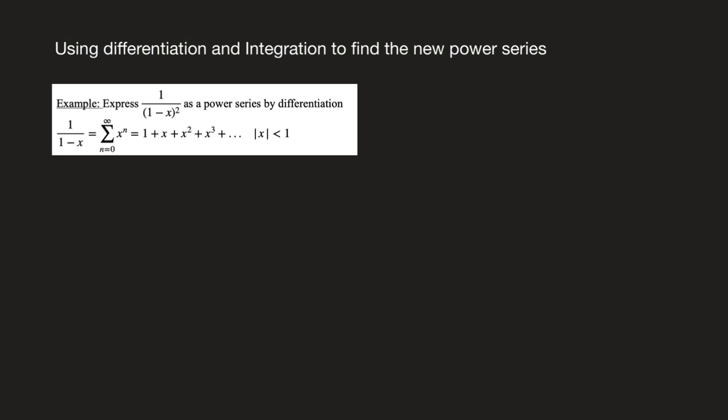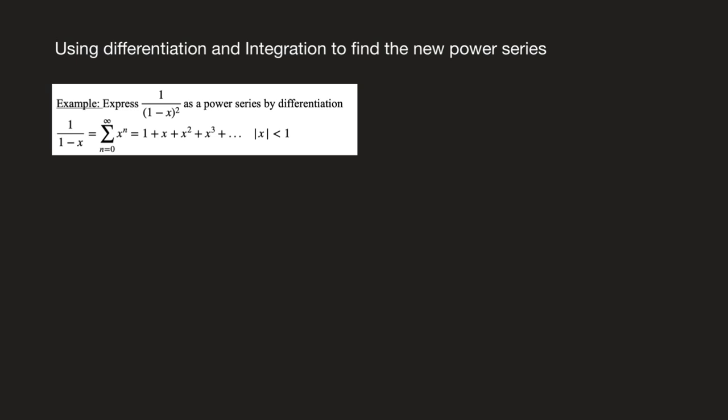So far, we learned how to find a new power series from the geometric power series. I'm going to introduce a new method to find the power series by using differentiation and integration. Finding a power series really requires a lot of work, so if you use an old one to find the new one, that's a really easy way.